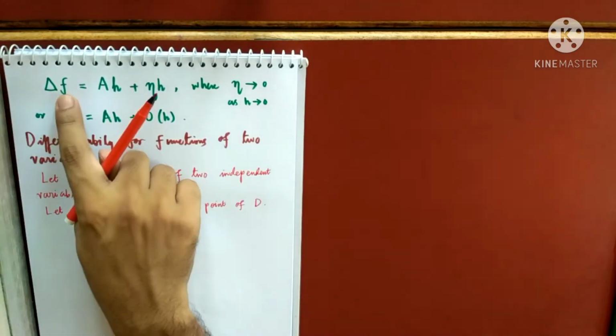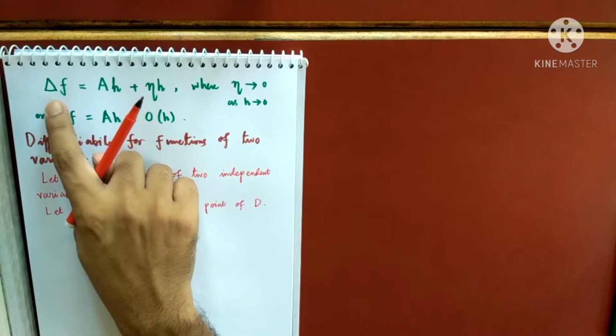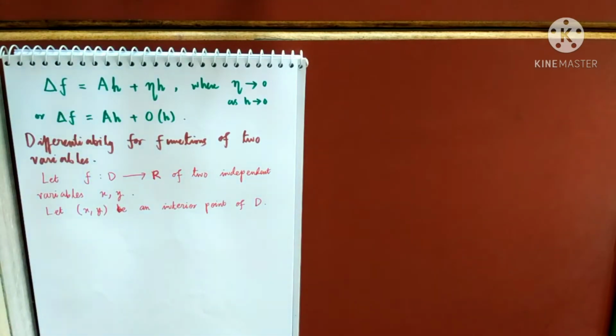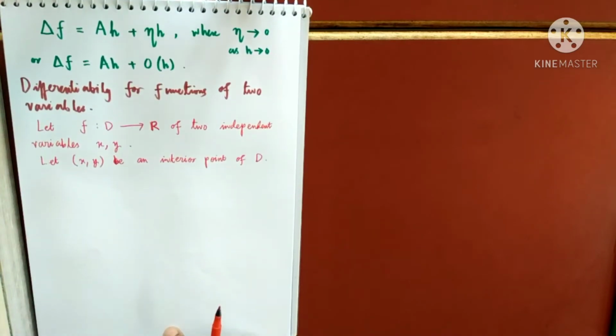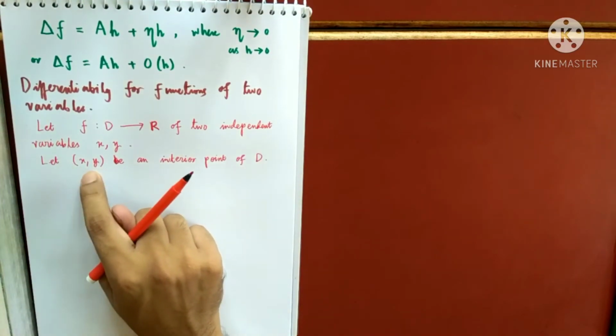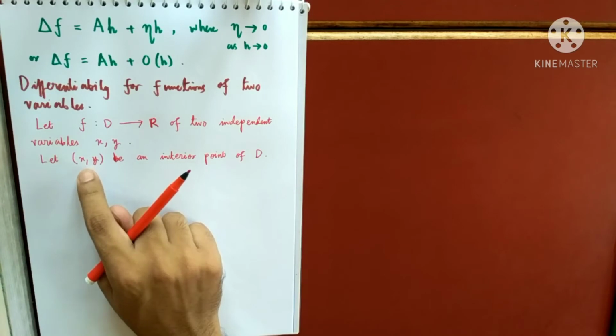Now, to talk about differentiability, I have to know about the increment. To talk about increment, I need a point close to this, or some point near this.